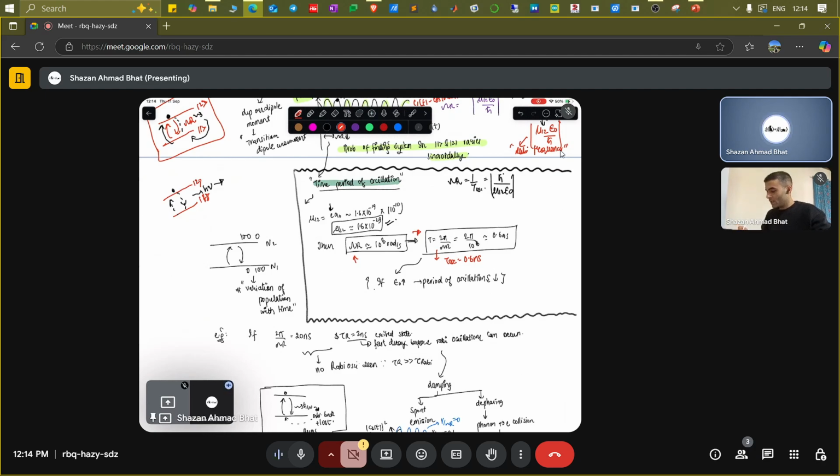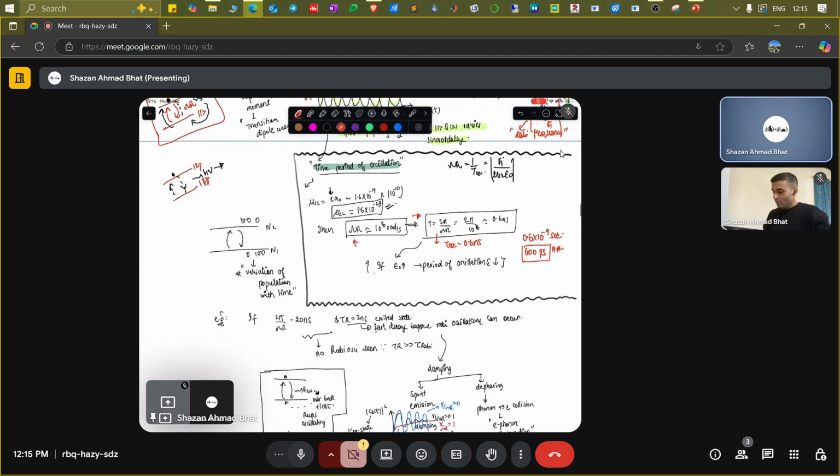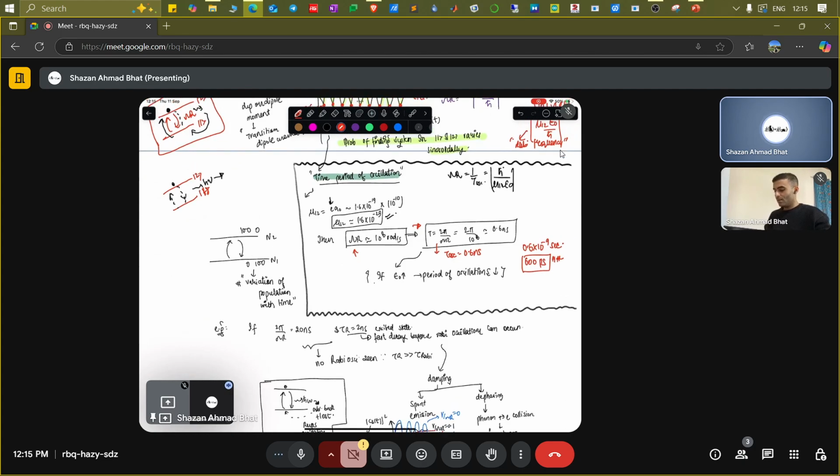Okay, so how much is it? It's around 0.6 into 10 to the power minus 9 seconds, or in other words, 600 picoseconds. So this is the time period of oscillations. You see, it's very short, 600 picoseconds.